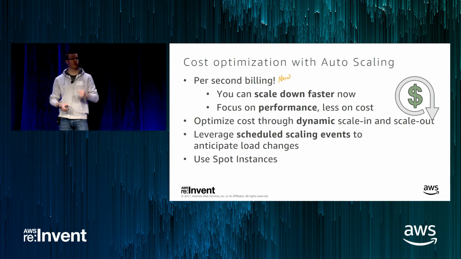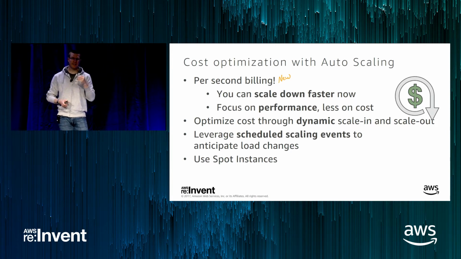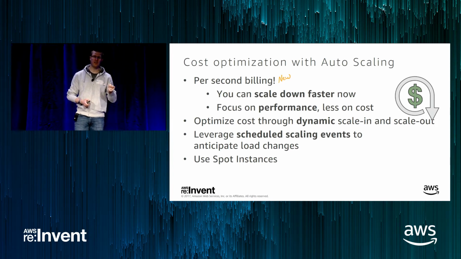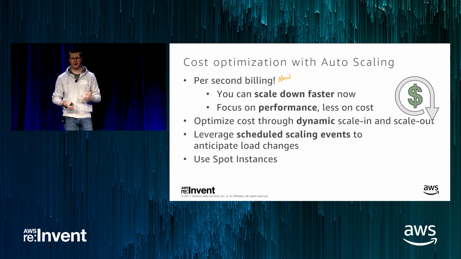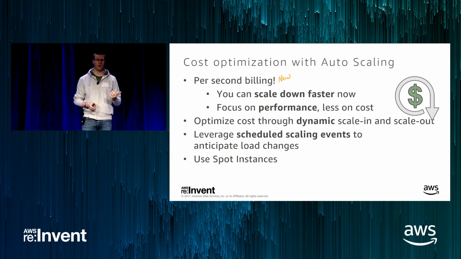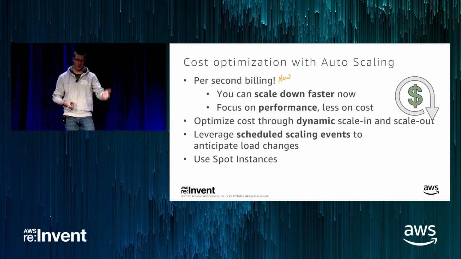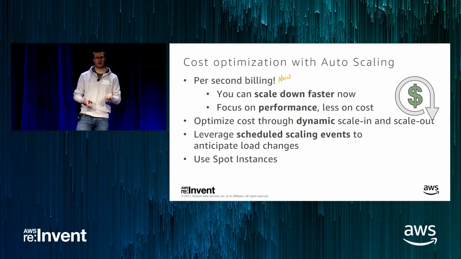Now, as we are down to per second billing, we can scale down much faster because you just have the overhead of how much time I need to start up an instance. And in the end, within the whole deployment, we're at 30 to 60 seconds until an instance is live, hooked into everything, and can deliver content. So we are now trying to scale down within 2 to 3 minutes if we need to.